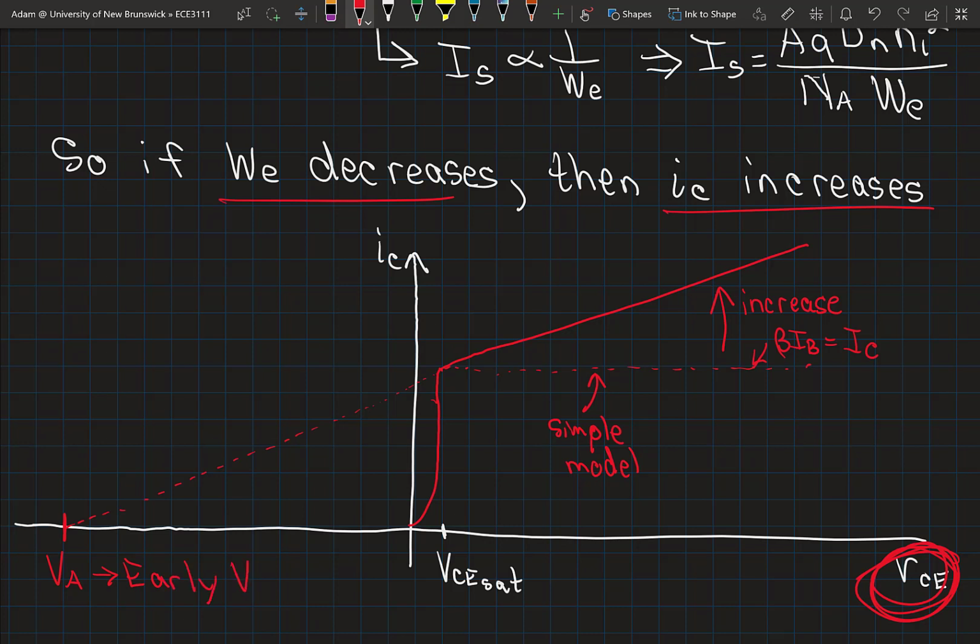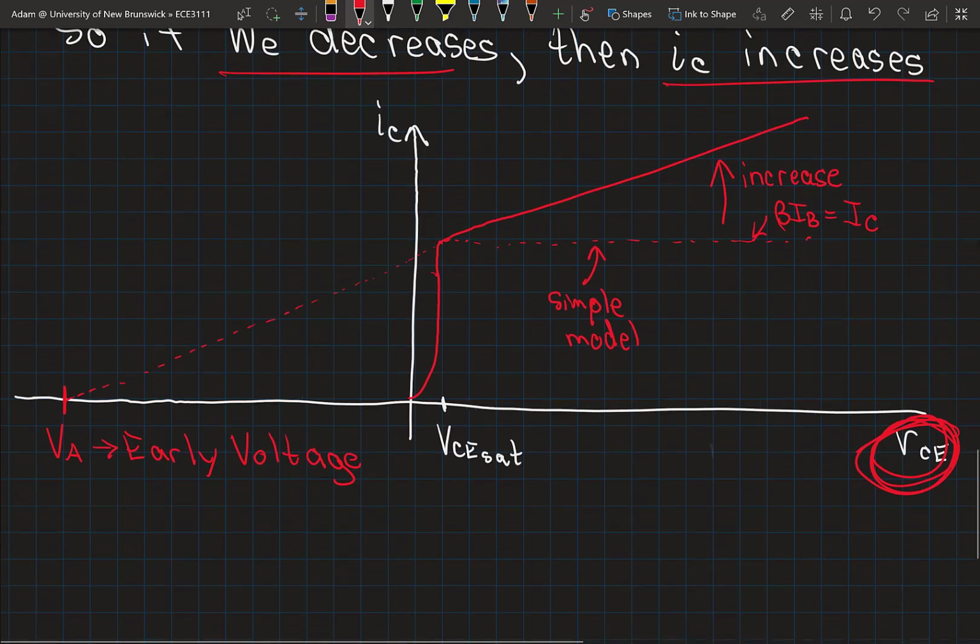And this is a characteristic that you'll find specified in the datasheet for a bipolar junction transistor. So it'll give you a sense of the impact of base width modulation, or the impact of increasing reverse bias or increasing collector to emitter voltage on the output.